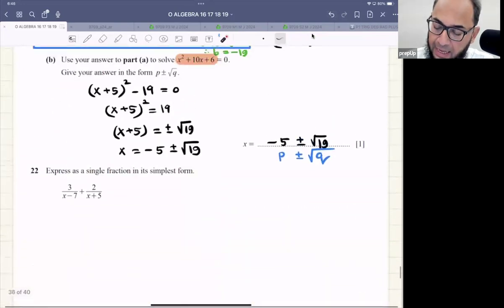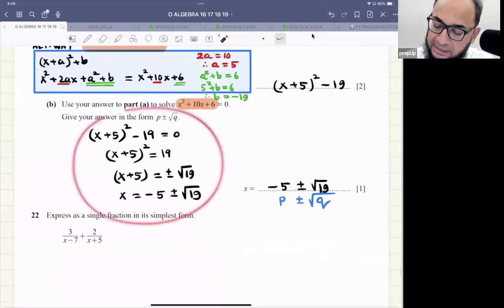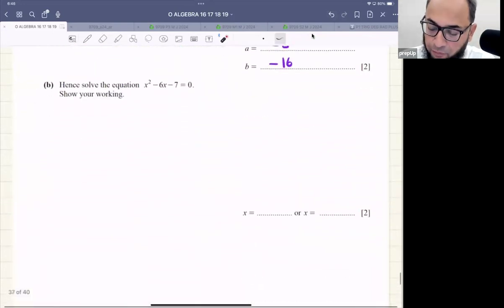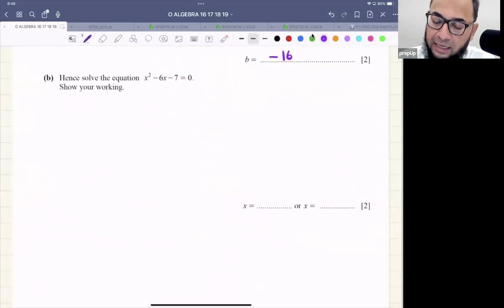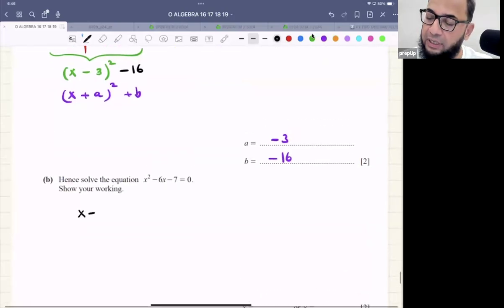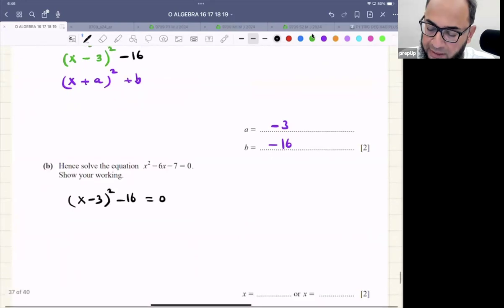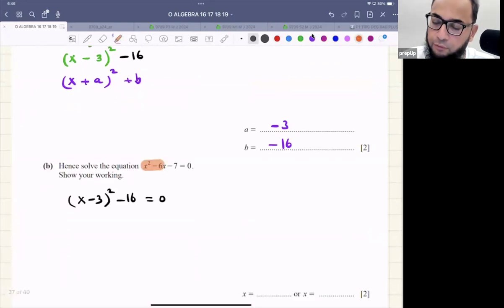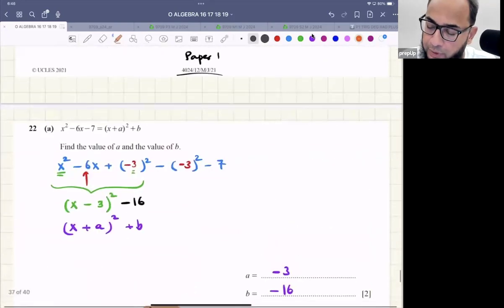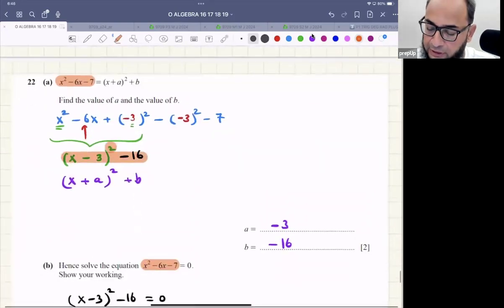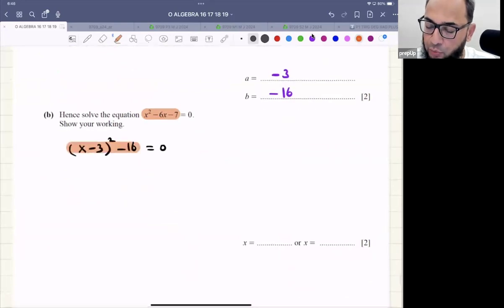This is just like the previous one, except the answer might not be in radical form. The square roots are called radicals. So we will write (x minus 3) whole square minus 16 is equal to 0, because this expression is exactly the one over here. So all we do is take this and equate it to 0.